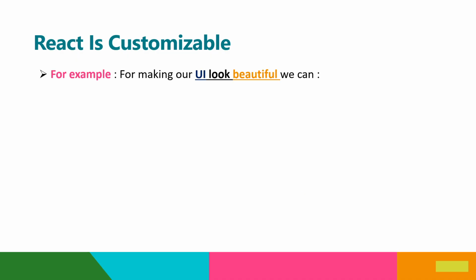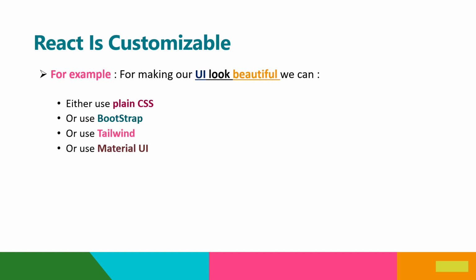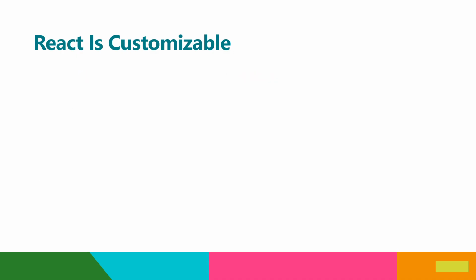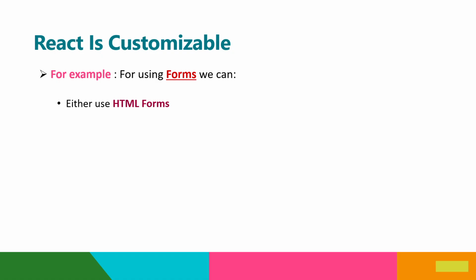For example, to make our UI look beautiful, we can use plain CSS, Bootstrap, Tailwind, or Material UI. It is totally our decision how we want to style our app. React is customizable. For example, for forms, we can use HTML forms.